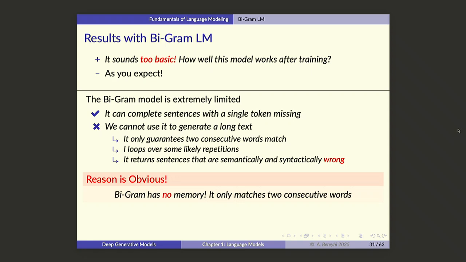Everybody's clear? So any idea how I can extend this one, improve it? Add memory. Instead of the last word, I use the last two words. This is going to be a 3-gram, not a bigram. If you use n minus 1 words, it's going to be an n-gram.